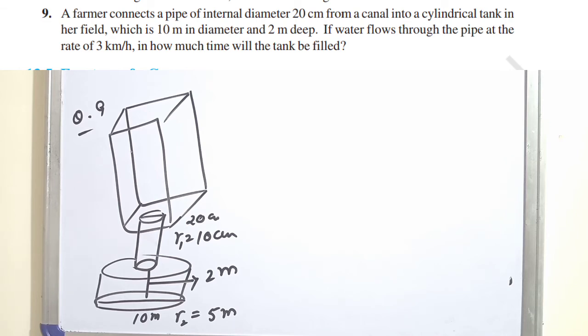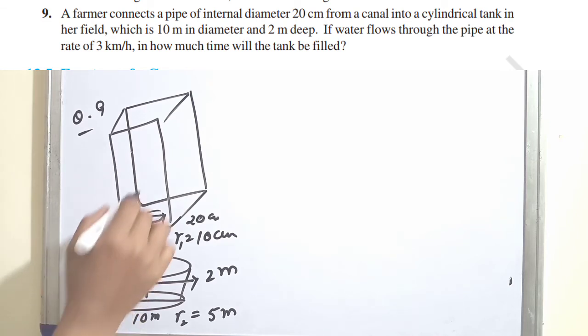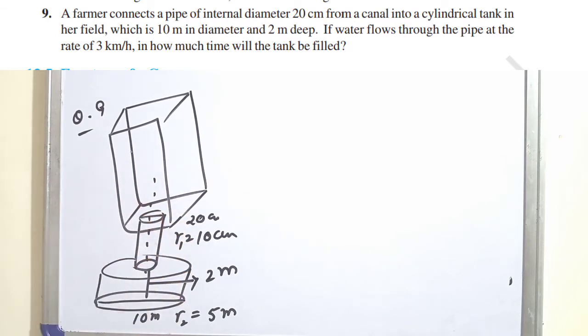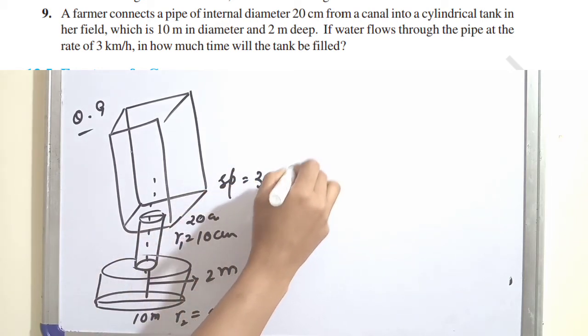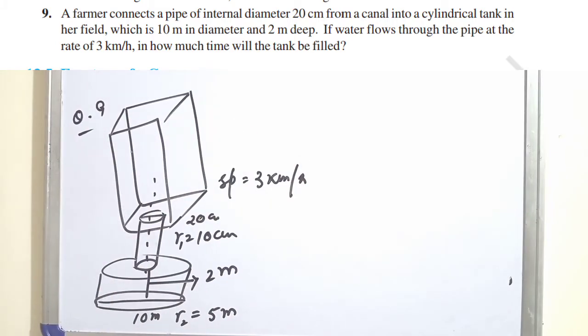Now if water flows through the pipe at the rate of 3 km per hour, so speed is equal to 3 km per hour, in how much time will the tank be filled? You have to find the time.